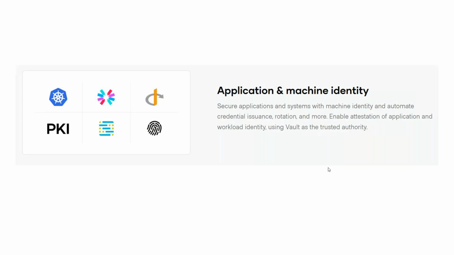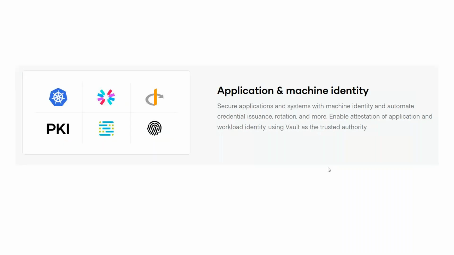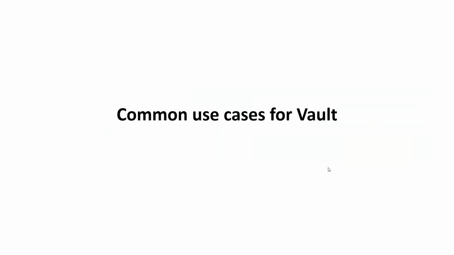You can log in through Kubernetes, PKI, biometrics, and many more. These are the identity-based ones. Okay, so these are the application and machine identities, but these are the user identities. That means you can log in to HashiCorp using GitHub, Google Cloud, Azure, AWS, Okta also. So you can enable all these credentials as well.